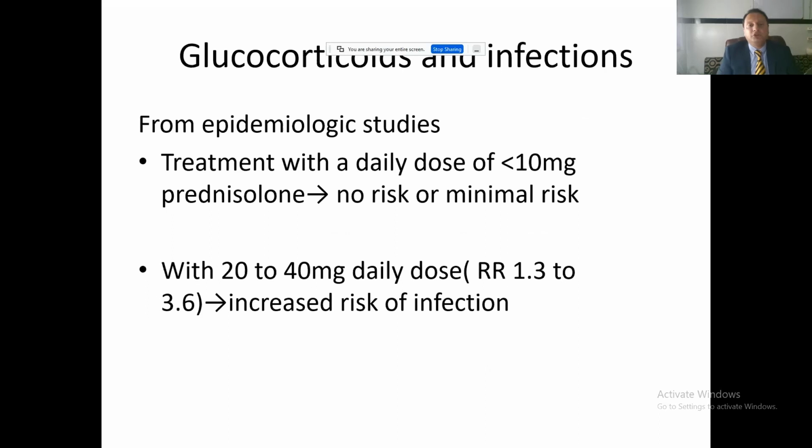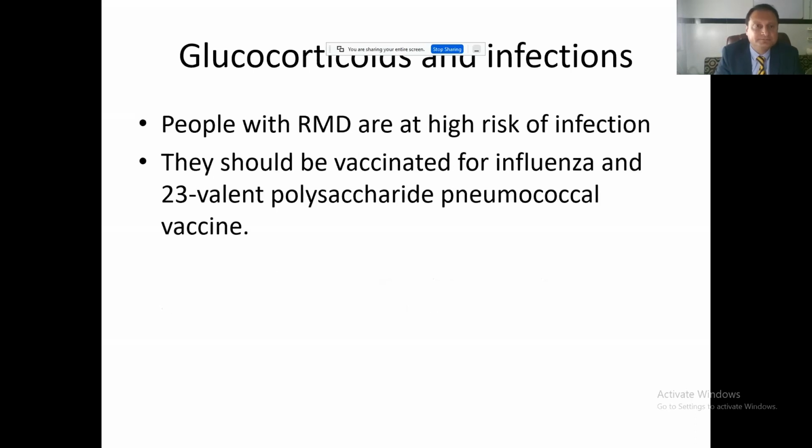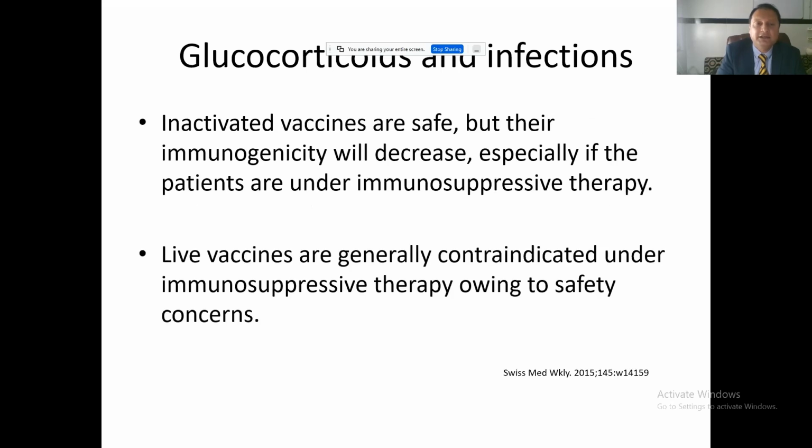So from epidemiological studies, with treatment with a daily dose of less than 10 milligrams, there is not much risk of infection, or rather minimal, but with doses between 20 and 40 milligrams and higher doses, the risk of infection definitely increases. People with RMDs are at high risk of infection because they might be on other medications apart from steroids, and they should be vaccinated for influenza and the 23-valent polysaccharide pneumococcal vaccine.